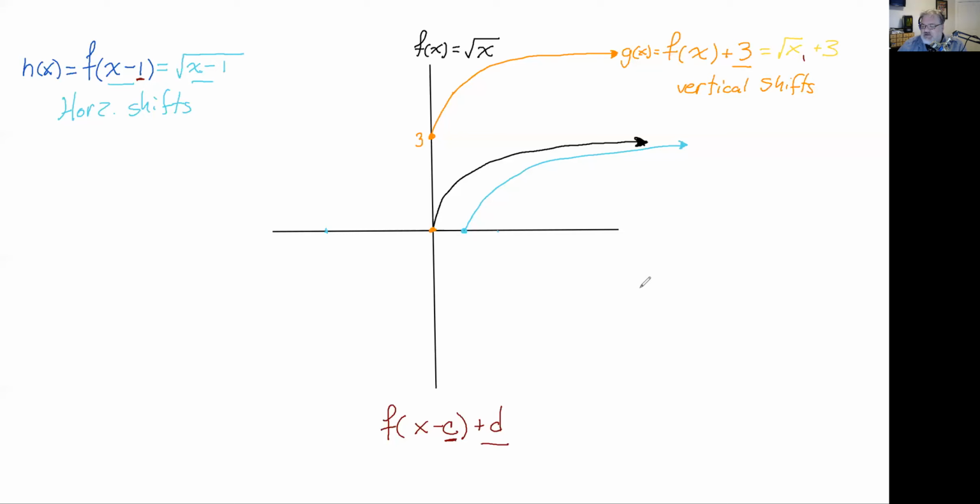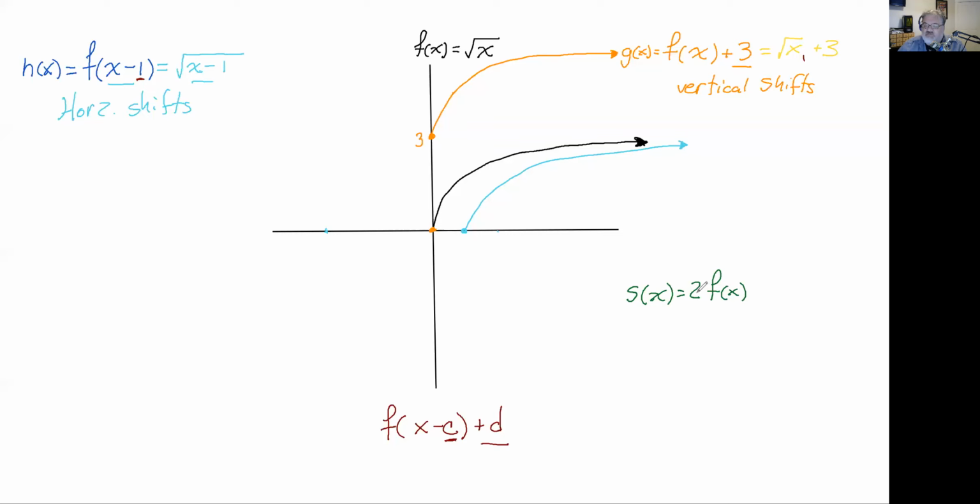If instead we make another function, call this one s of x, and let that be, say, 2 f of x, this time the amount that we're putting on the outside, instead of being added, is being multiplied.